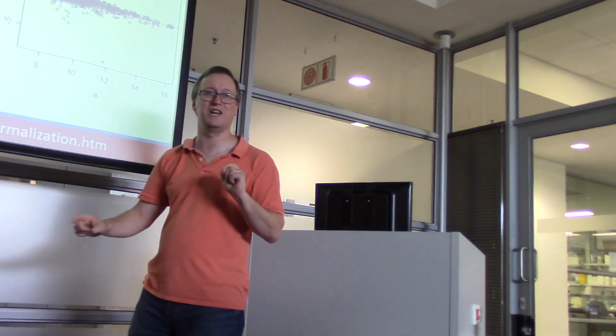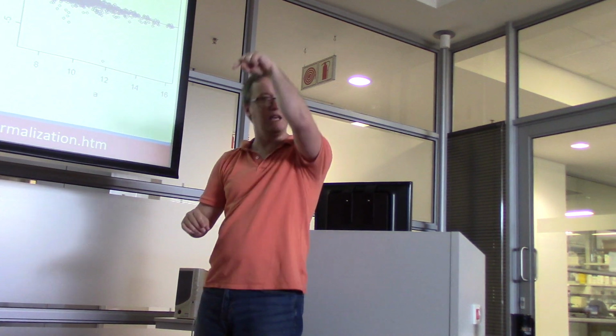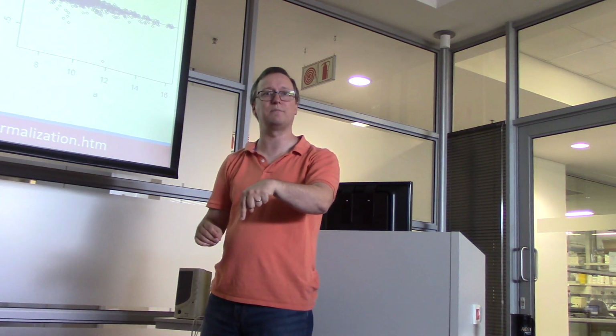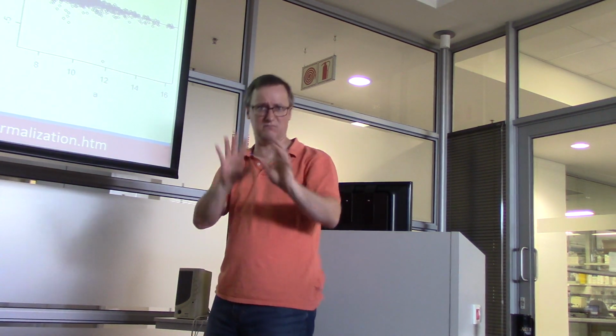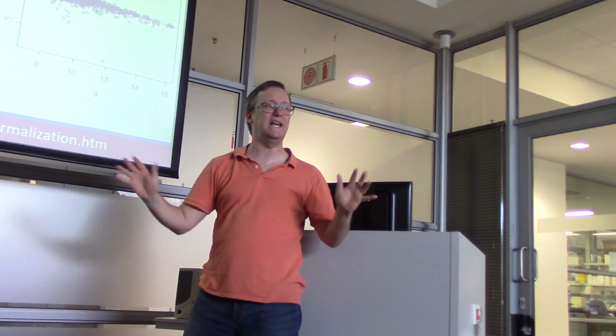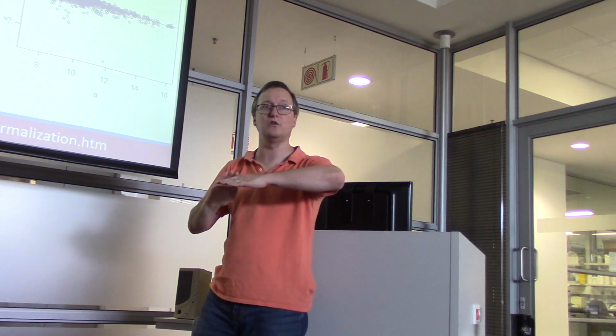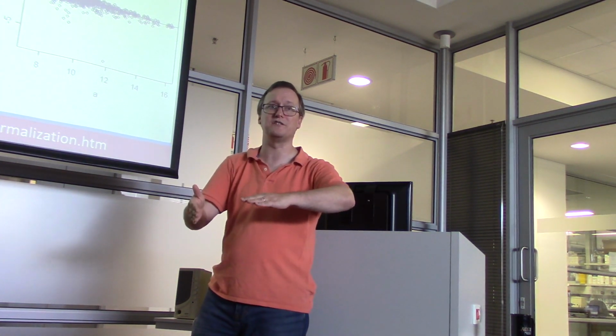So a positive value means more in A than in B, and a negative value represents more in B than in A. Okay, so you can imagine then that this plot gives you at a glance a pretty good appreciation of whether the data are centering on the no change line as a function of abundance.